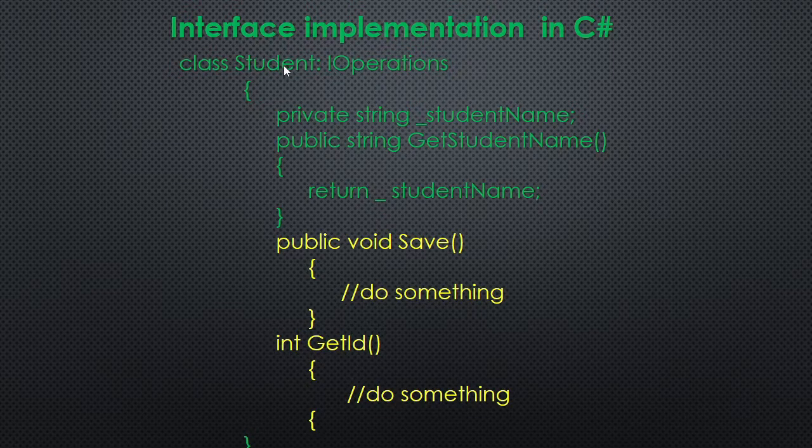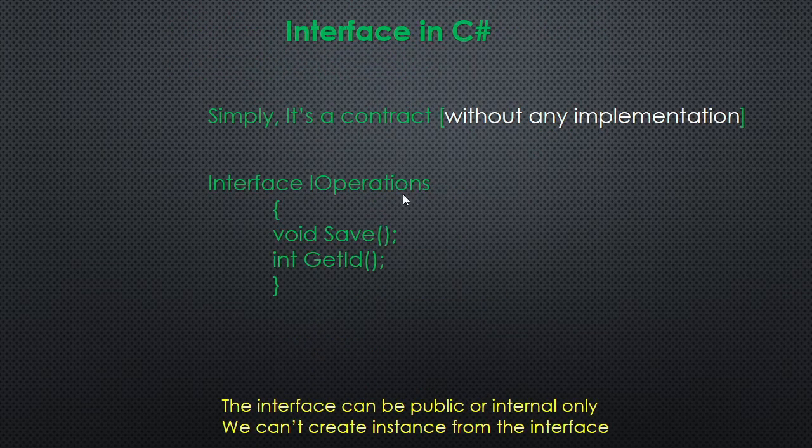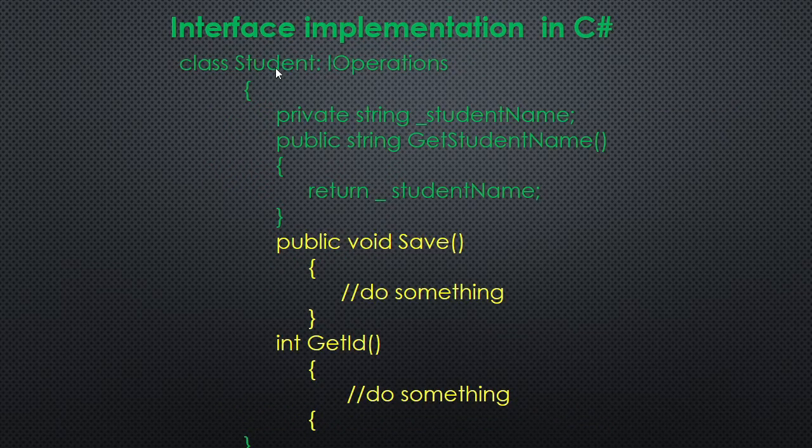Let's say that we have a Student class, and here we also create an interface called IOperation with two members, or two functions. Now I need the Student to implement this interface. It is the same way of doing inheritance, using the colon, and then I mention the name of the interface.